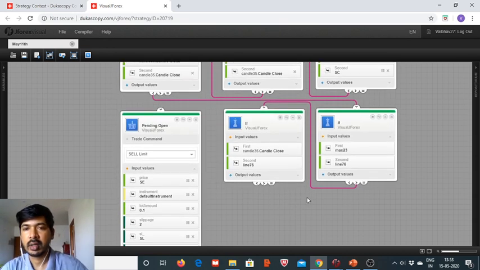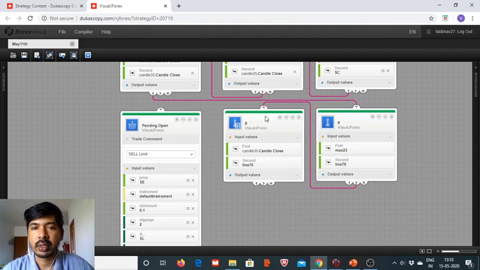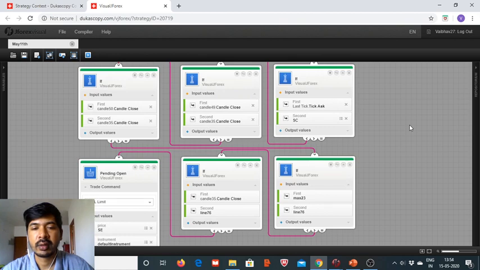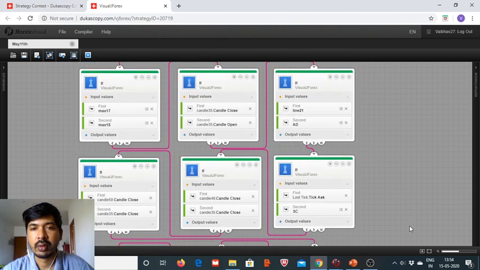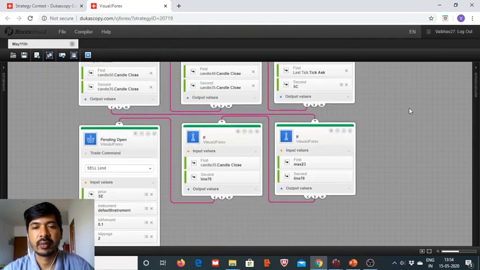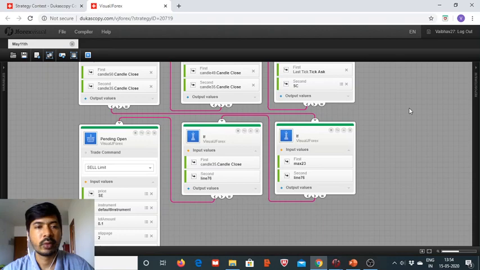So we have taken this candle 35's closing and the closing level needs to be less than the SMA 50. So far, so good. The close was less than the candle open 35. Candle 35 has closed with losses.